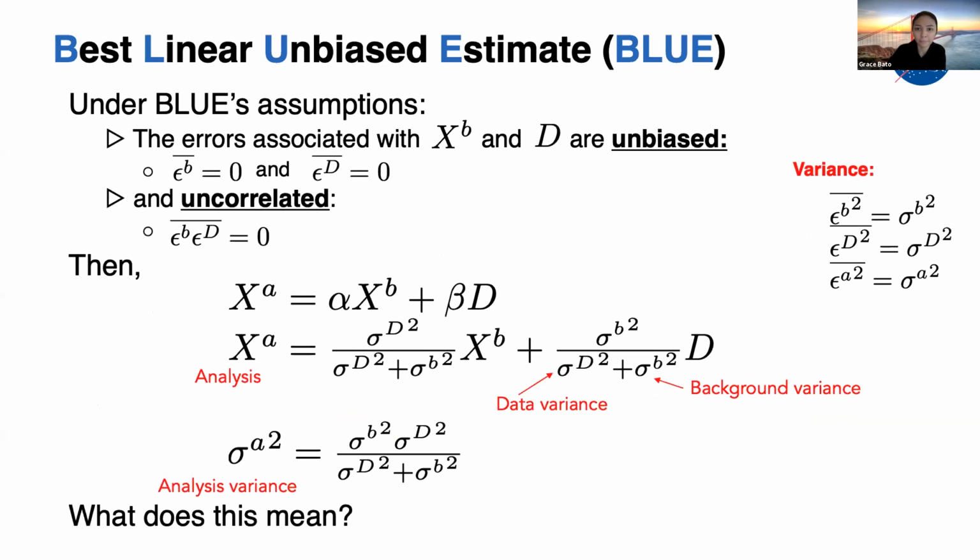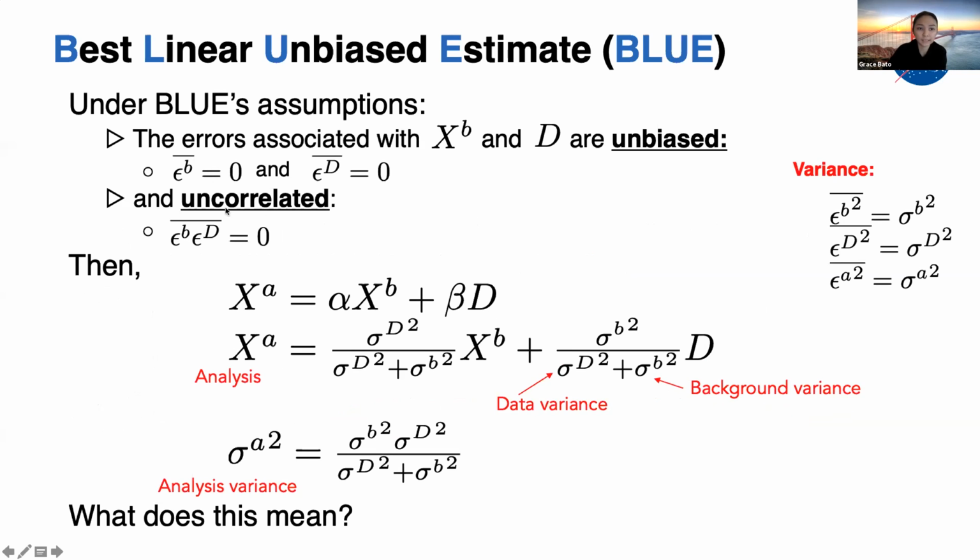So we can do this by assuming several things. First, we assume that the errors associated with your background estimate and your data are unbiased. Mathematically, this means that the average of the errors is equal to 0. The overline here means an average. And these errors should be uncorrelated.